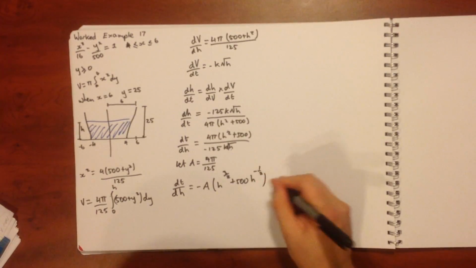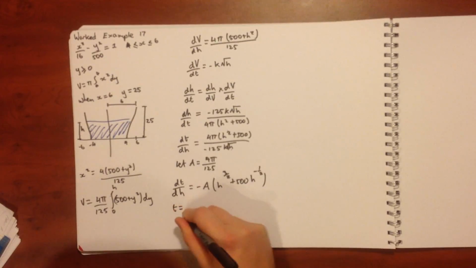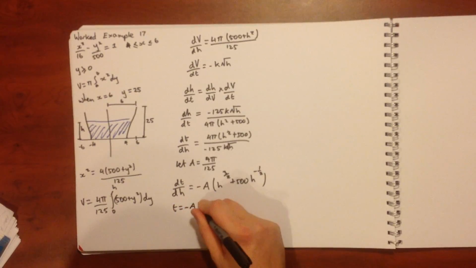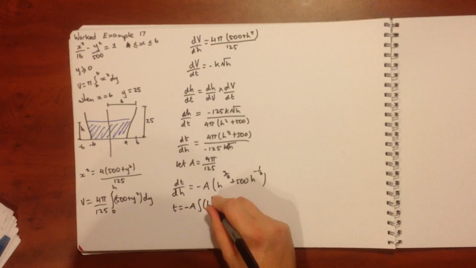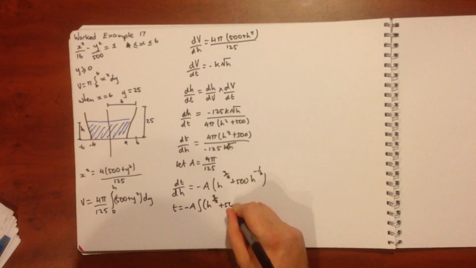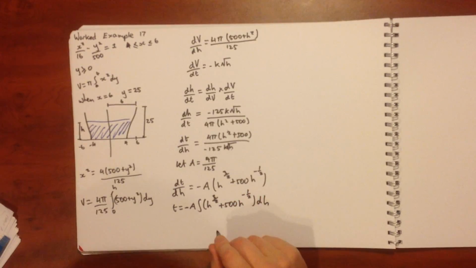That means then that our t is equal to minus a, because that's just a constant, outside our integral of h to the 3/2 plus 500 h to the negative 1/2 dh.